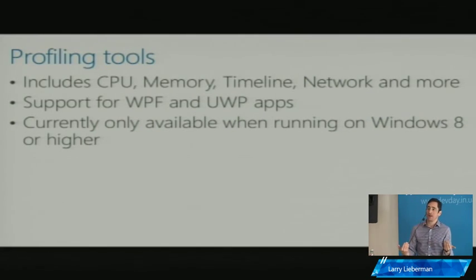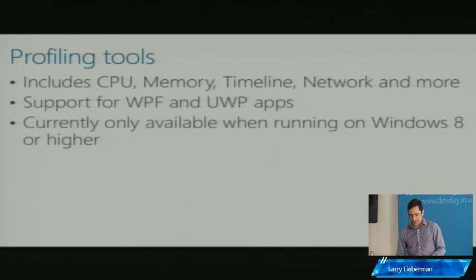Now, if you guys have been following along, in Windows 10 we added support for a new data binding, x:Bind, which does radically improve data bind performance at runtime. However, there are still challenges with regard to understanding where you might have a bottleneck in your application.